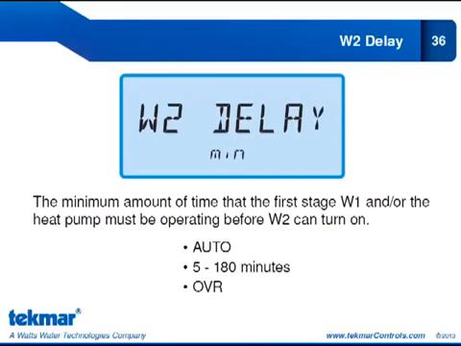Now we can set this to auto, in which case there is no additional delay. We can set it for a time ranging from 5 to 180 minutes. So if you want to, you can hold that off for an extra 3 hours. Or you can set it to override. And in override, W2 will only turn on when you're in emergency mode.